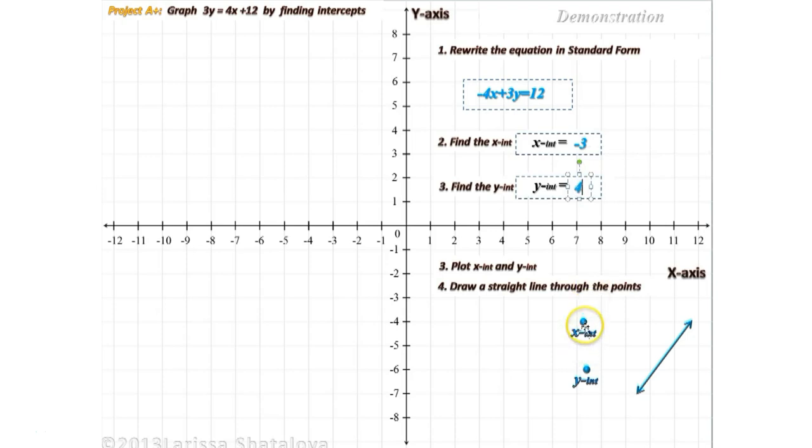Next we have to plot the x-intercept and y-intercept. The x-intercept is negative 3. The y-intercept is positive 4. And we have to graph a straight line. Let's drag our straight line. Sometimes it's not easy.